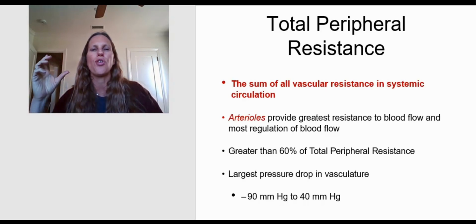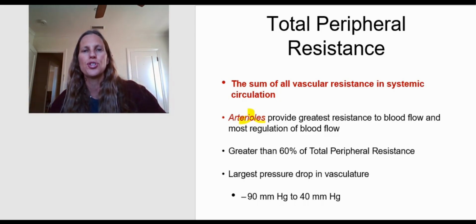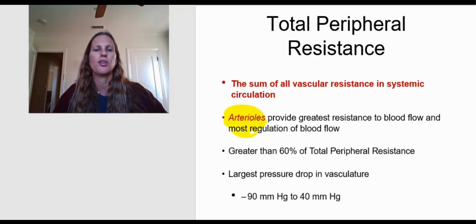The sum of all the resistance in the vasculature is called total peripheral resistance. And I want you to remember that the arterioles are where this is all at, right? The arterioles provide the greatest resistance to blood flow and therefore allow us the ability to regulate blood flow significantly.